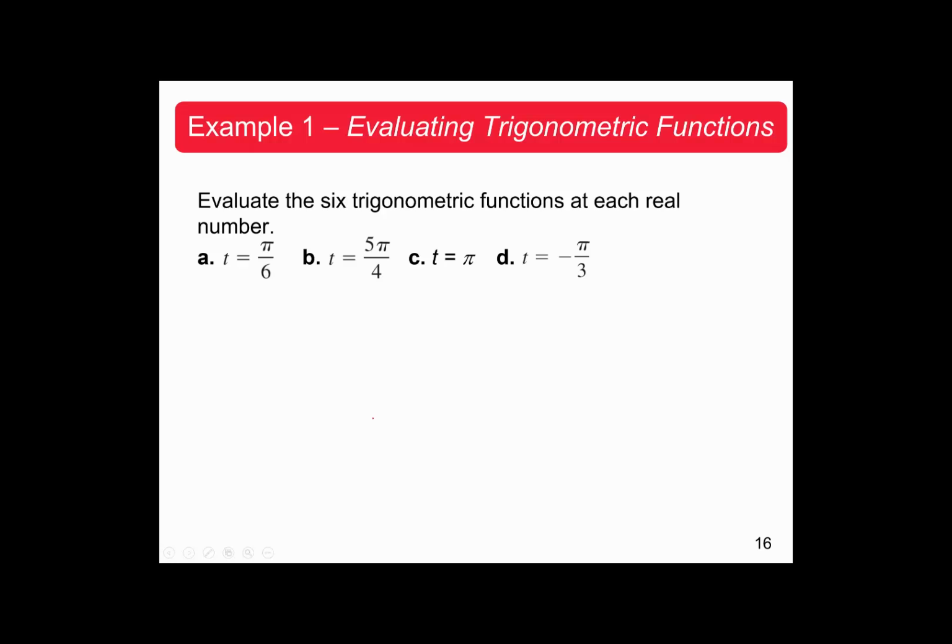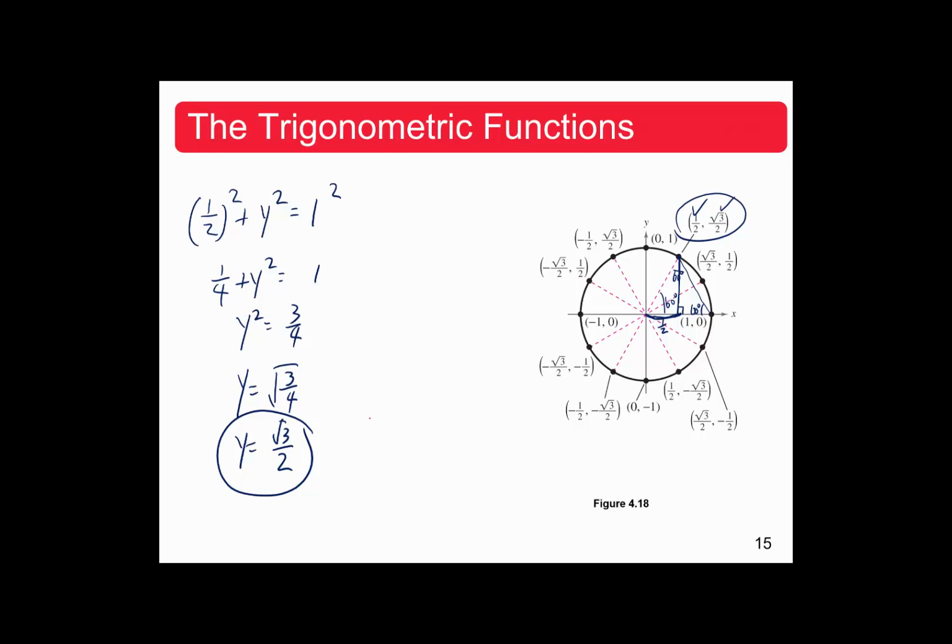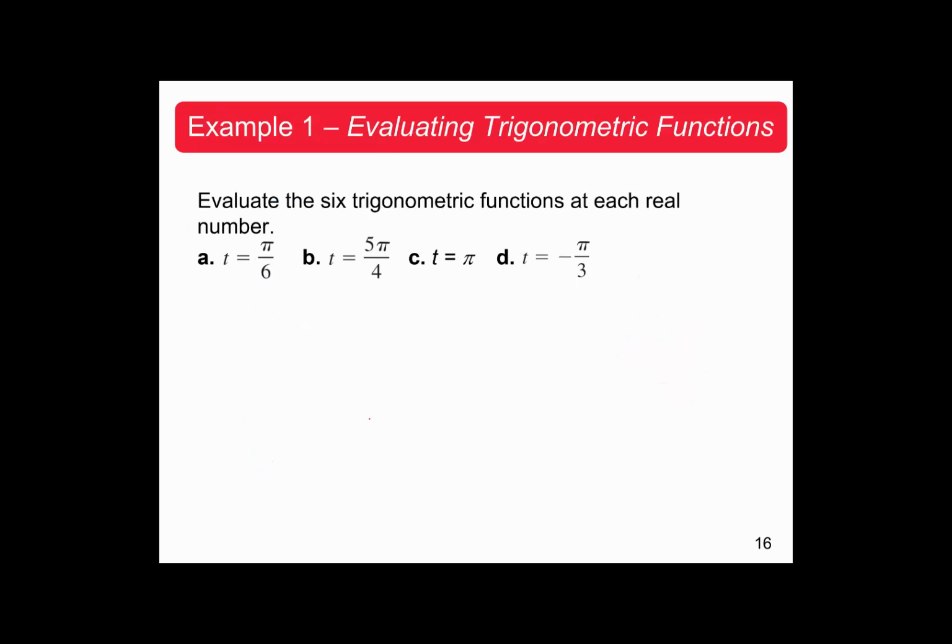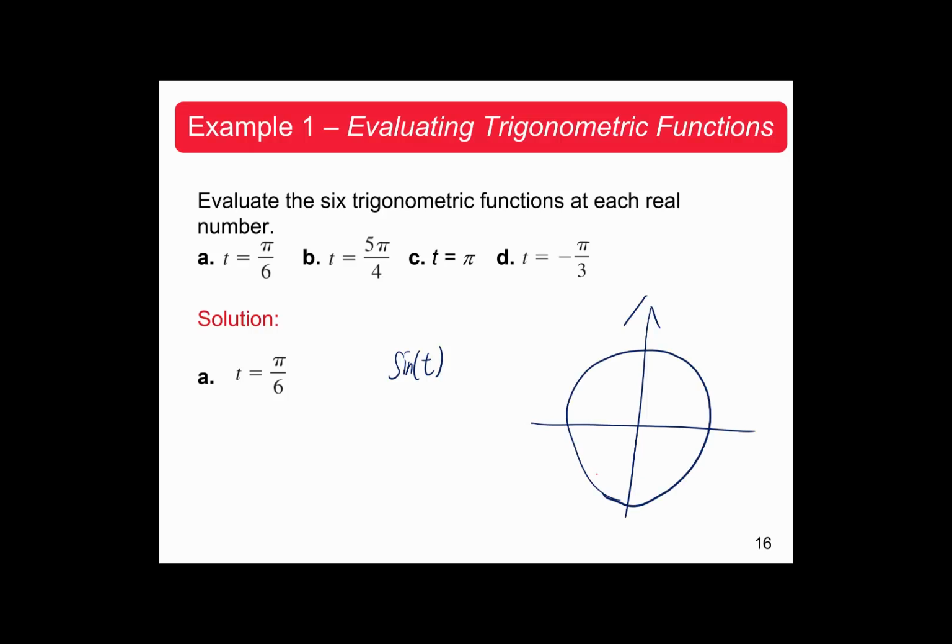Okay, so now evaluate the 6 trigonometric functions at each real number. The first one is t equal to pi over 6. Pi over 6 is 30 degrees. So if you want to get sine t, you can draw a unit circle to try to understand this. Again, draw the unit circle.